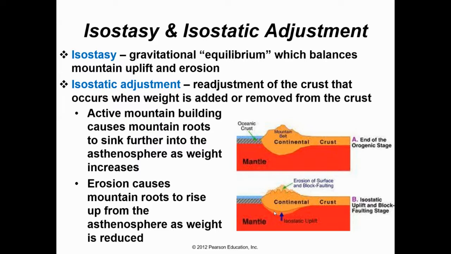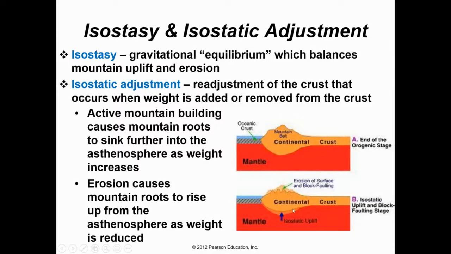Okay, isostatic adjustment is like a cargo ship here, where when it has no cargo and it's empty, you'll notice that the ship rides up higher in the water. But then when you add a whole lot of cargo, the ship will ride further down in the water, okay?